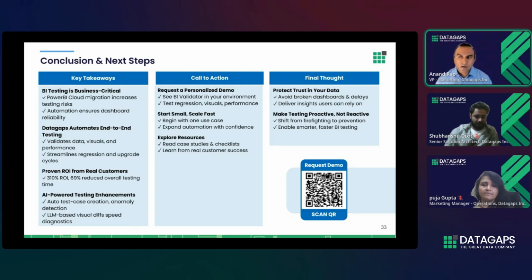Your call to action would be to choose that KPI that matters, and you could even come to us. We could do a quick pilot and create some checks for you. That's the QR code where you can request a demo, and we can take it from there.